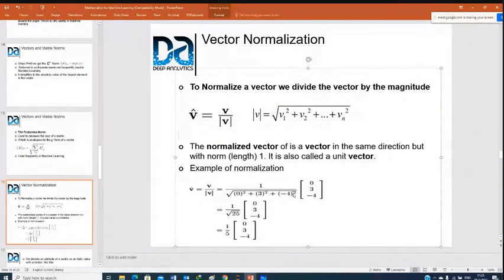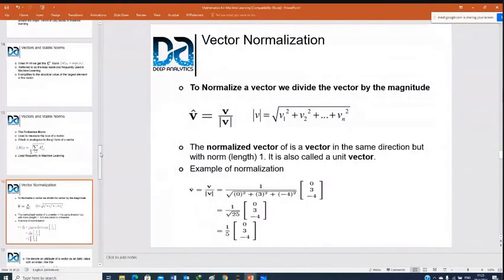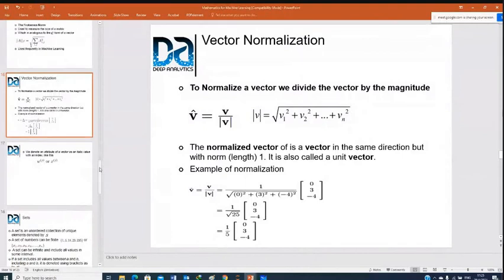So then this becomes the normalized vector. So when we're doing feature engineering, we'll look at the different ways to scale. It's a way of scaling your data. So you usually normalize data.